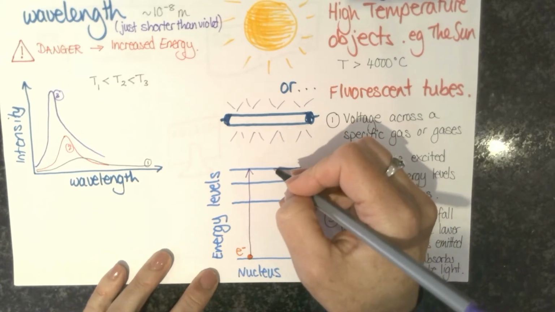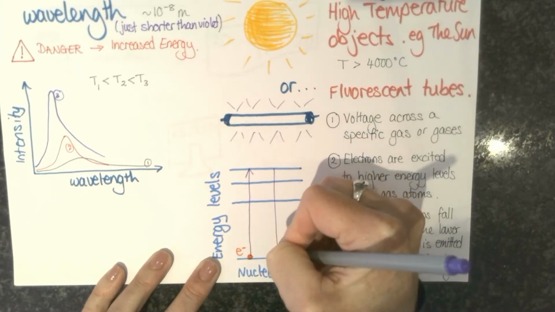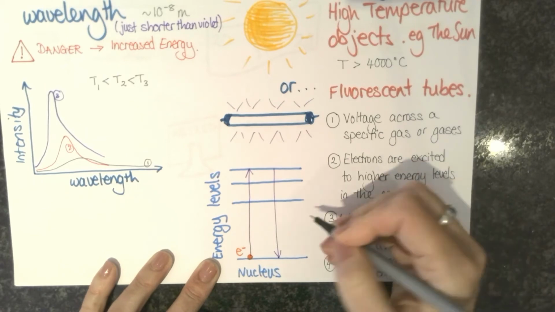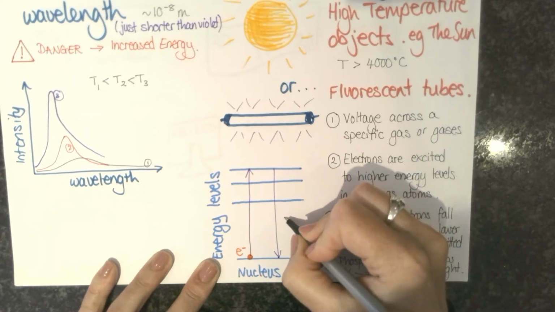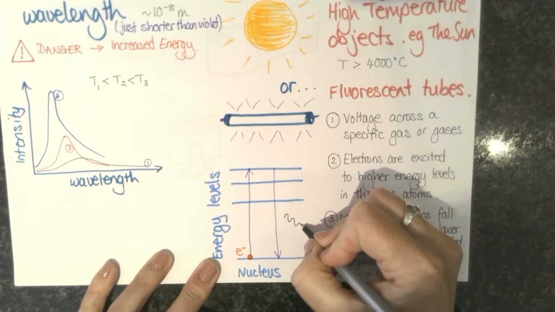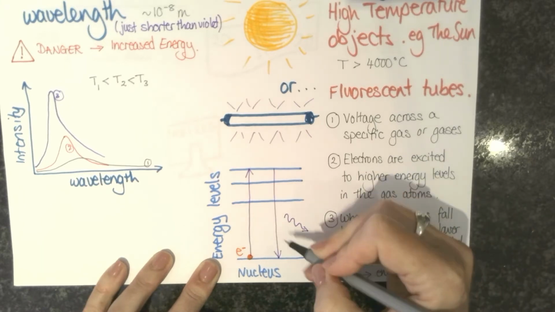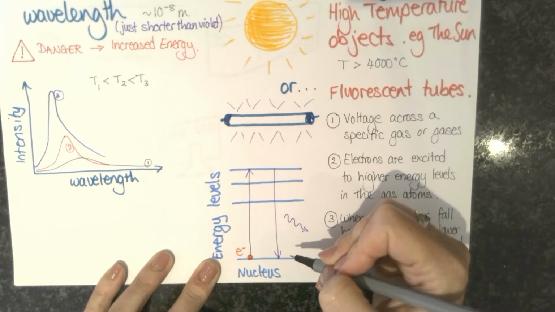What it does is it falls back down to where it came from, and in that process of falling back down it emits an electromagnetic wave with a wavelength associated with how much energy it holds.